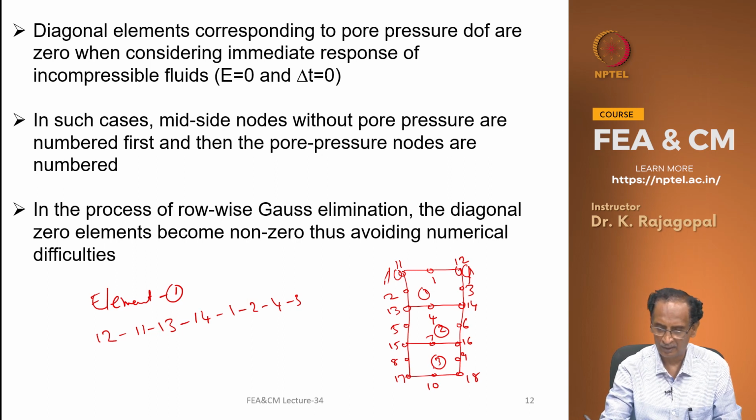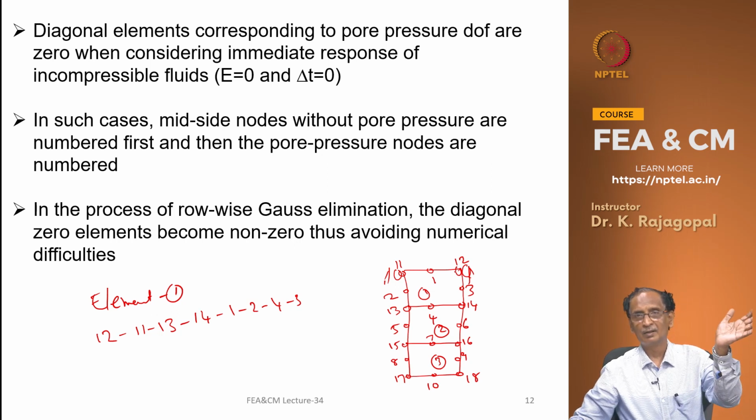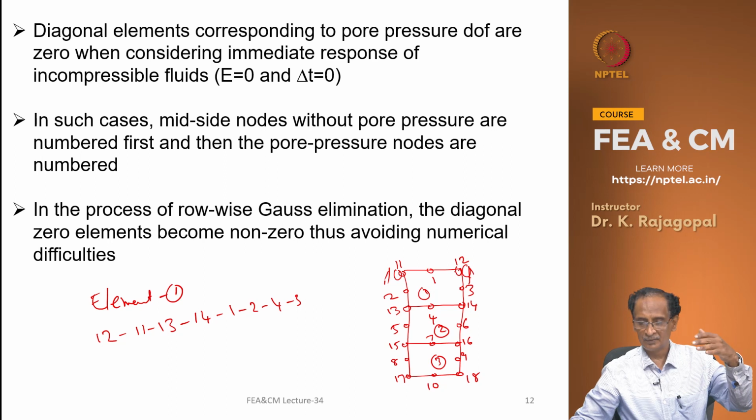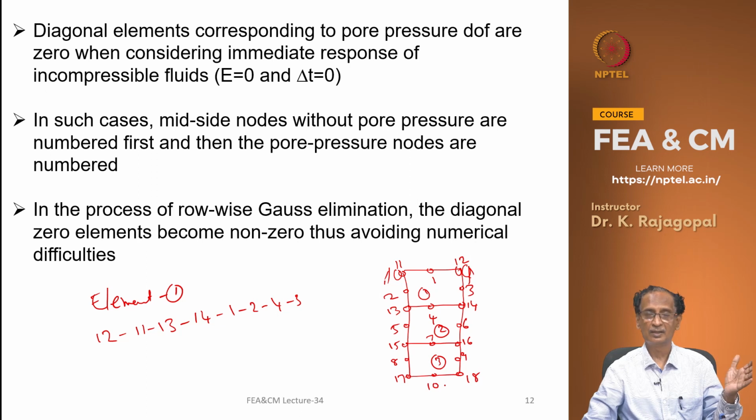Similarly, for element 2 and element 3 we can define, and since we have numbered only the nodes with the displacement first, we will have all non-zero diagonal terms. So up to 10 nodes means 20 degrees of freedom.